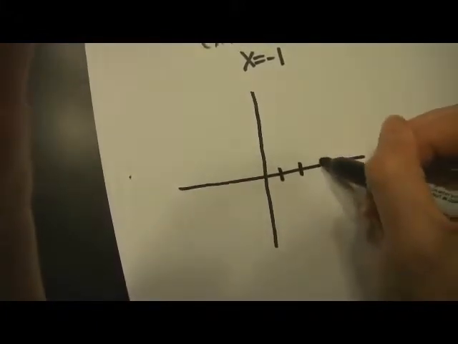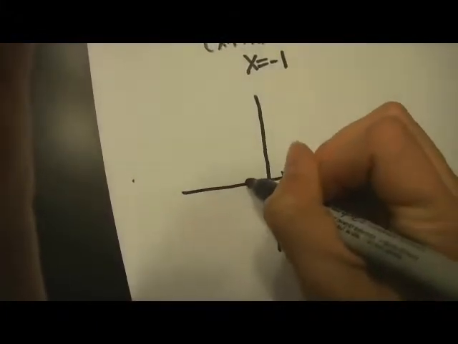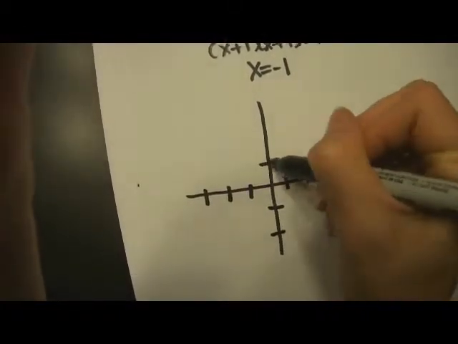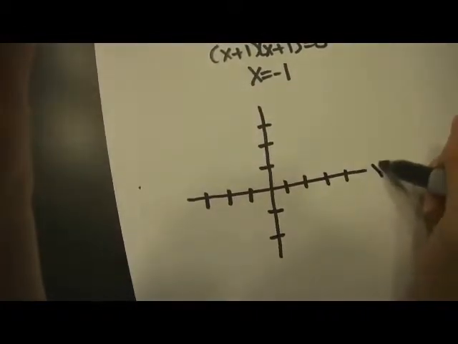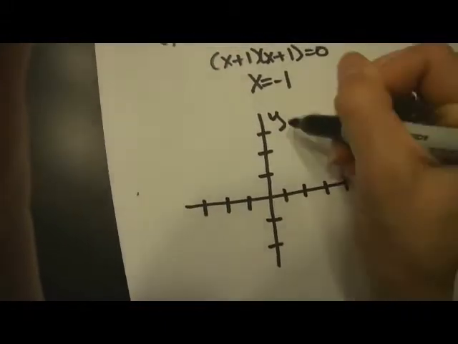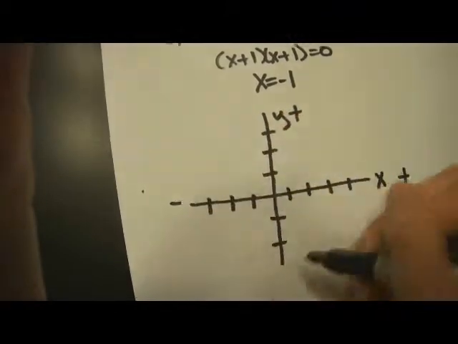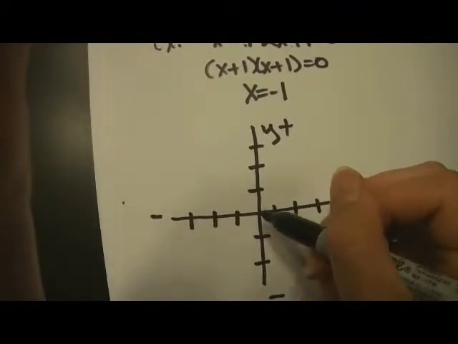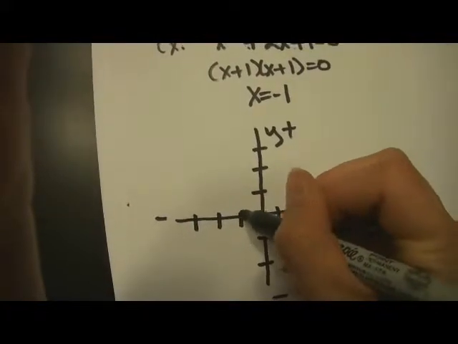Make sure you scale it. x and y. This one's positive, positive, negative, negative. Okay, so when y is 0, x is equal to negative 1.